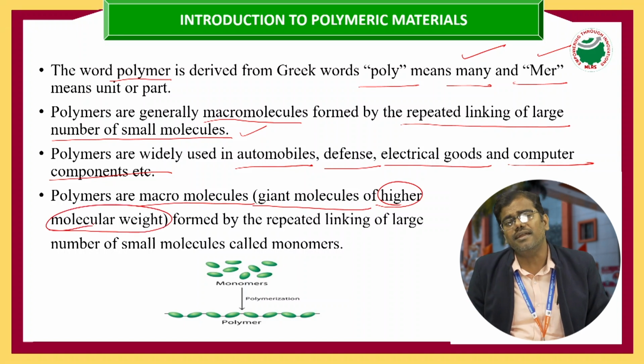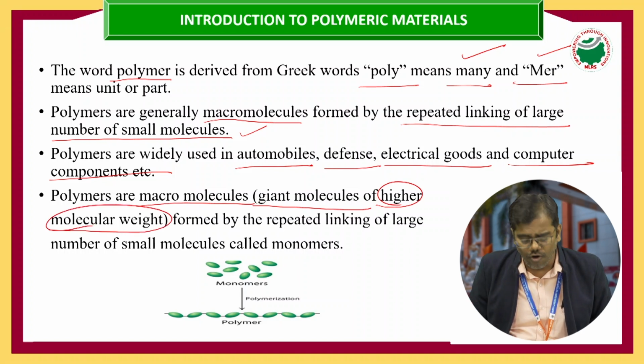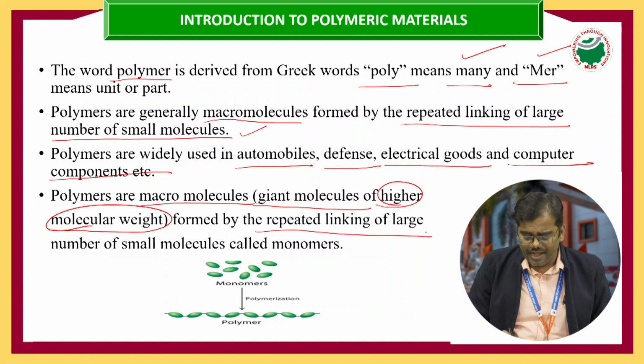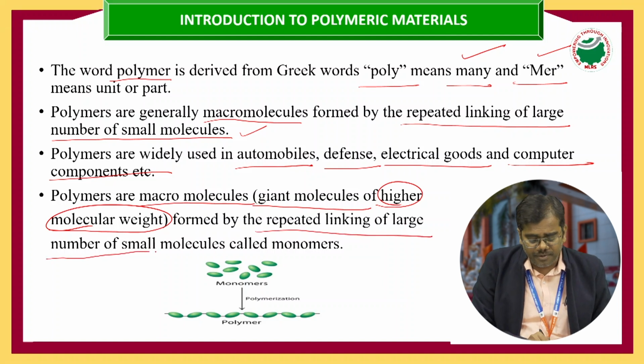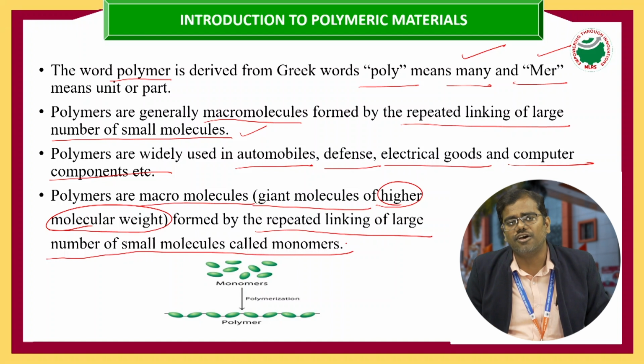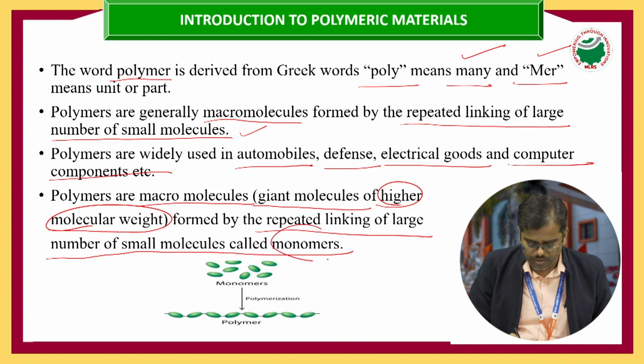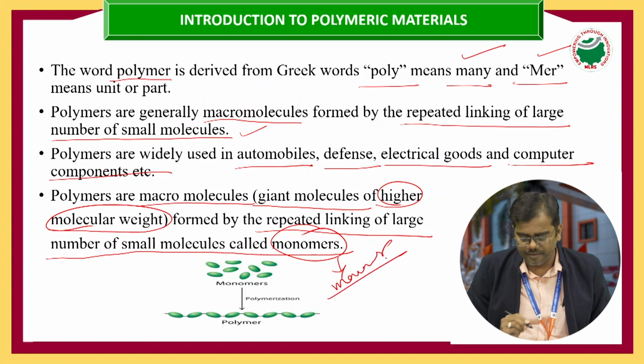A polymer is a higher molecular weight compound formed by the repeating linkage of a large number of smaller molecules, which are called monomers. This is one of the most important definitions you have to learn.